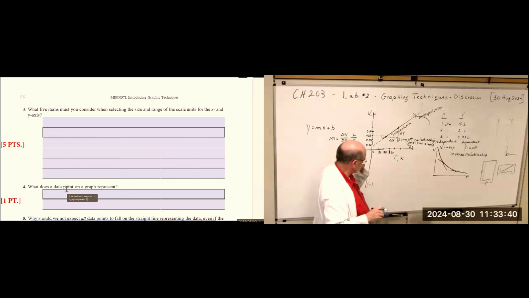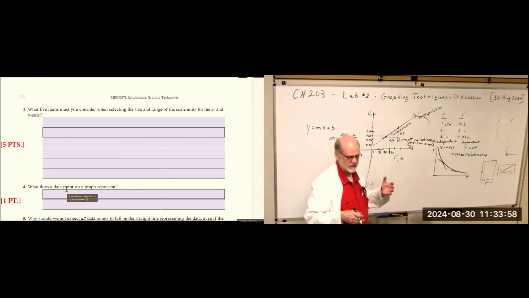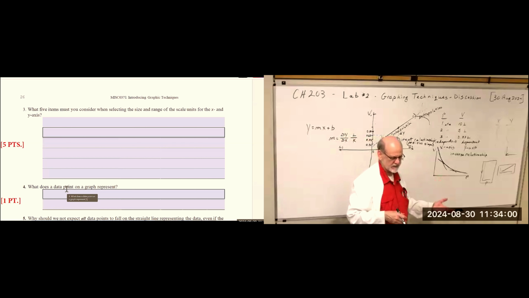Because if you're going to be using the graph for interpretation, you'd like to have a decimal relationship here, if you can get it. So if you go 10 units from one to the next, that means it's a tenth, right? It's easier to read them if you're in the decimal system.